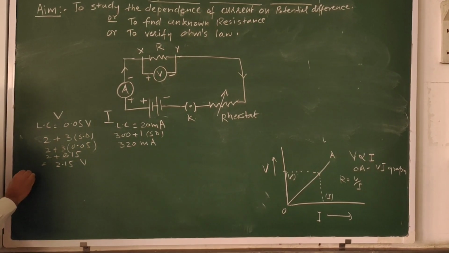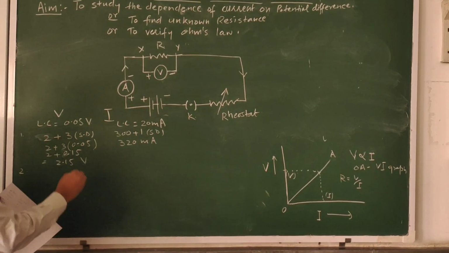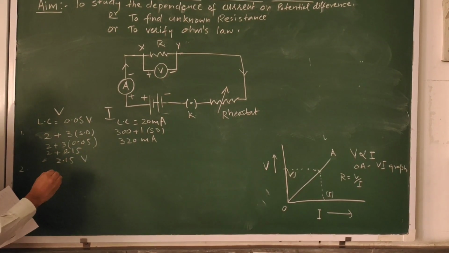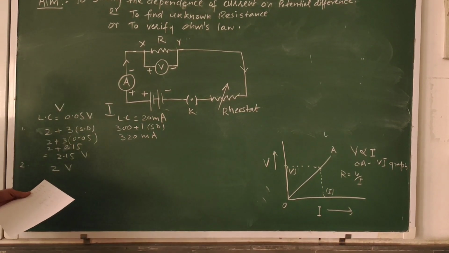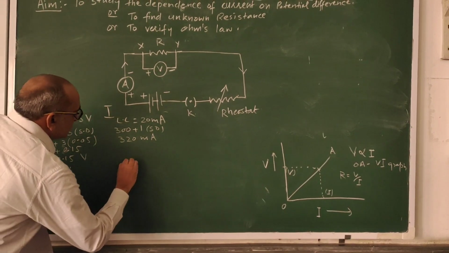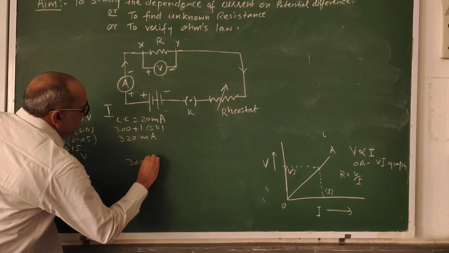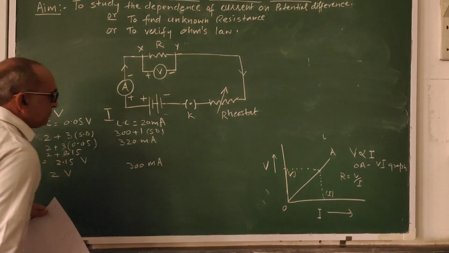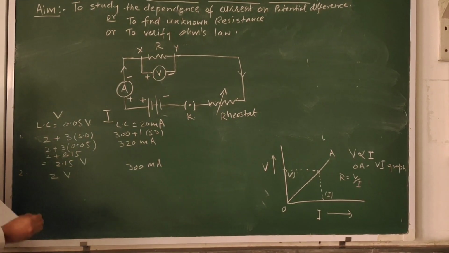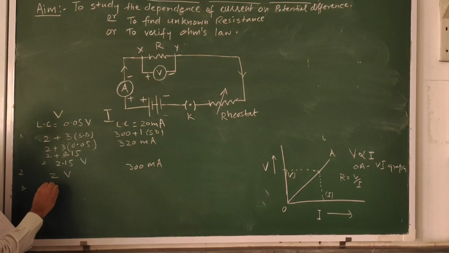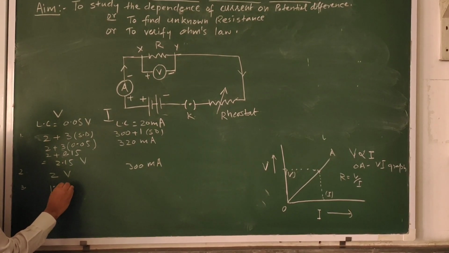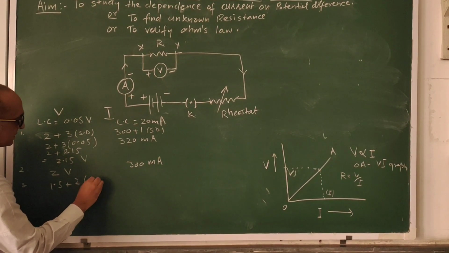For the second reading, our voltmeter reading was 2 volt and our ammeter reading was 300 milliampere. Third reading, it was 1.5 plus 2 small divisions.